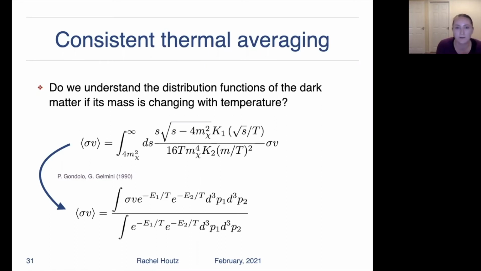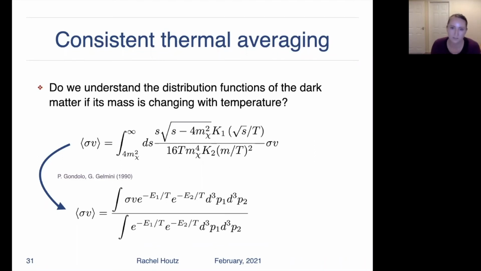The equation where I've written the thermal averaging prescription in terms of S originally comes from momentum distributions of the various particles involved in the interaction. And if the dark matter mass is changing, are we sure this isn't having an impact on the momentum distribution functions? And if it does, are we even allowed to use this thermal averaging expression?